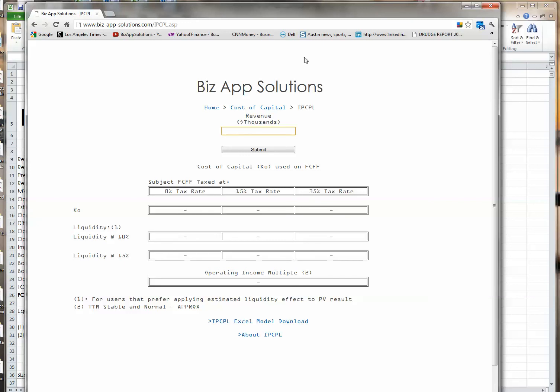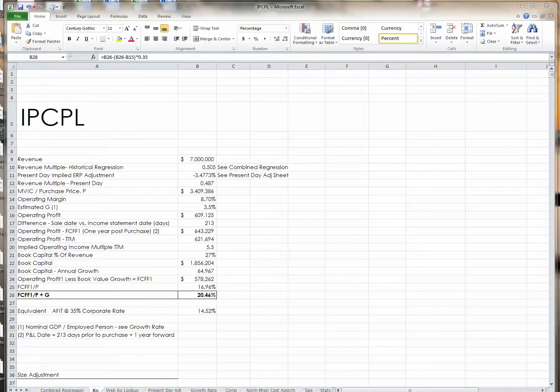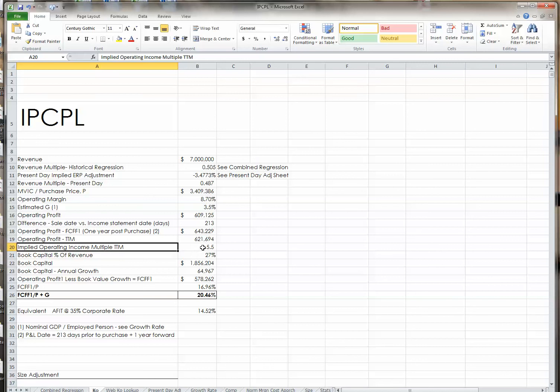So now you can see how this is generated. We plug in the 7 million, hit submit, and the 14.52% and the 20.46% that we went over is there. The 5.5, we didn't go through that. The implied operating income is not 5.8.